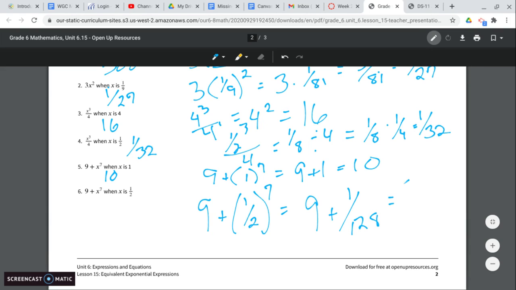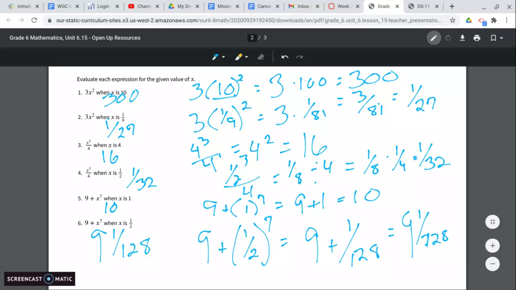So this just equals 9 and 1/128. Notice on the ones where our variable is a fraction, we end up with a fraction in our answer. When it's a whole number, we end up with a whole number. So evaluate is your key word for this lesson. Evaluate.